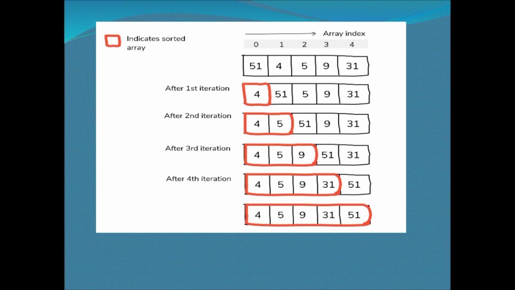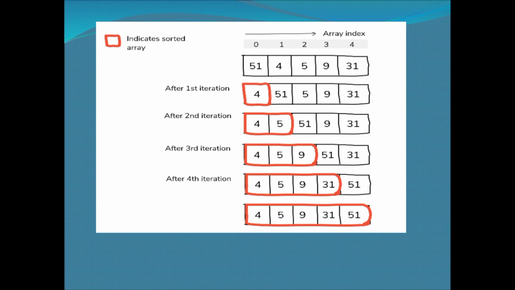In the second iteration, I searched for the next smallest element, that is 5, and I swapped 5 with the first location element. So after the second iteration, my list becomes 4, 5, 51, 9 and 31.